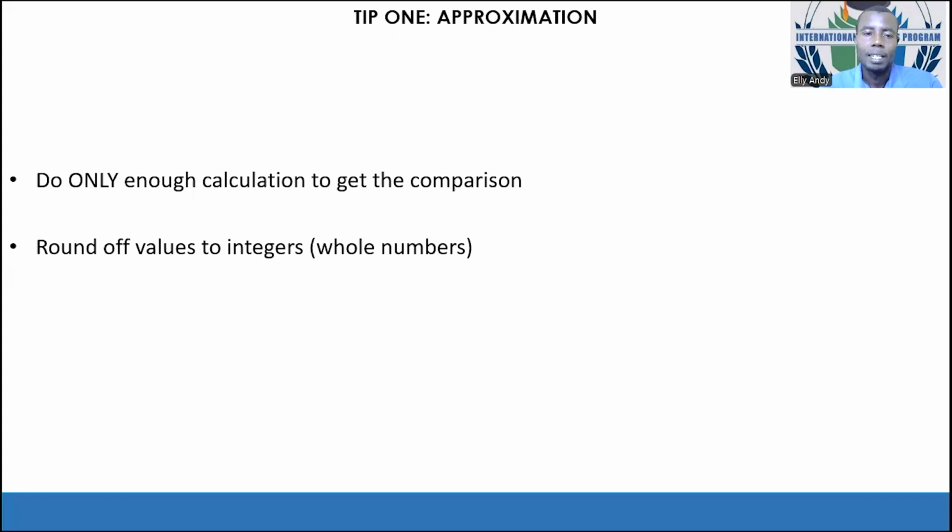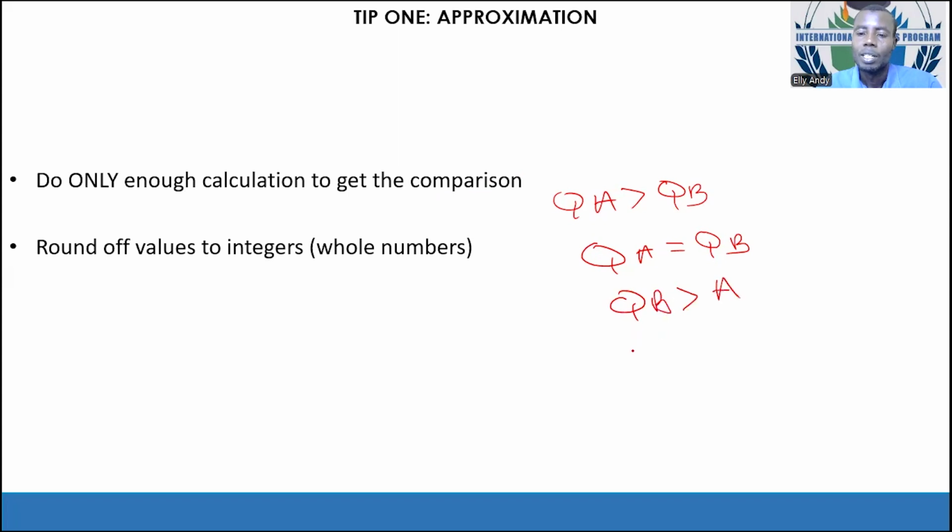So the tip is just to do enough calculation to help you determine whether quantity A is greater than quantity B, or the two are equal, or B is greater than A, or you cannot determine the relationship. So once you can do that, stop and pick your answer.